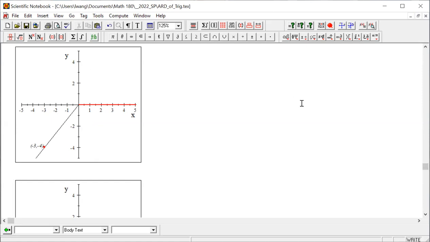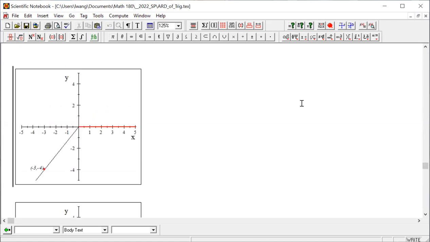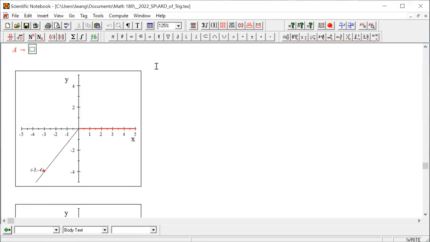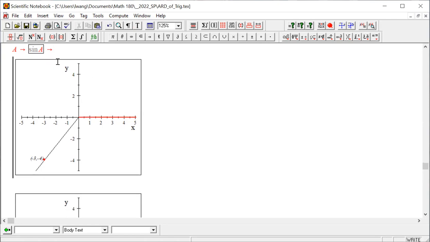On the third quadrant, of course, our input is an angle, and the angle is applied to the rule of sine. So the sine of A: the output is a ratio. The output is y over r.